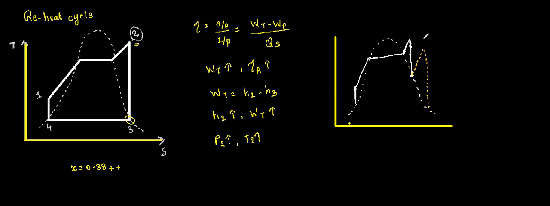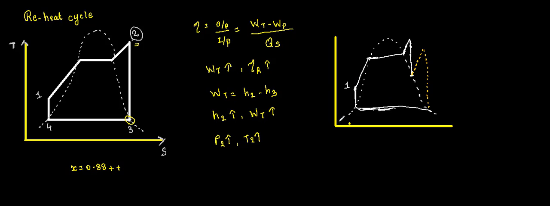So by doing so, what will happen? The remaining energy of the flue gases is going to be utilized, and by using it the turbine is able to do the extra work.